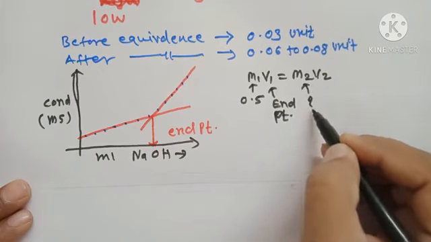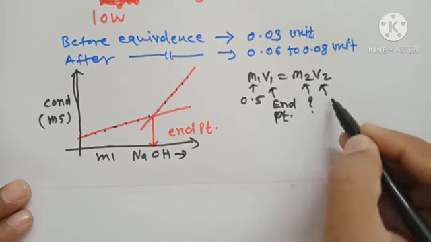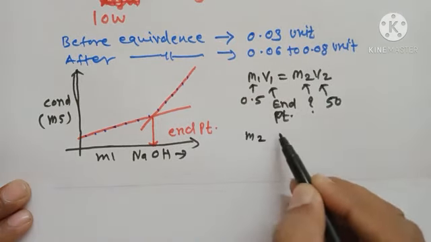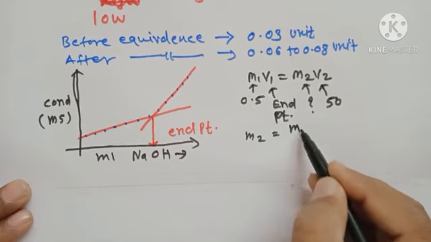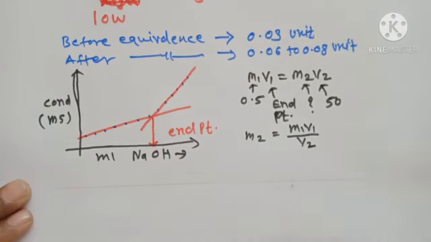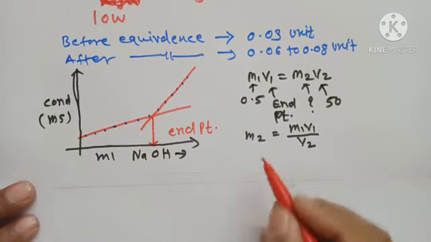M2 is to be calculated and V2 is 50 ml. So M2 is equal to M1V1 upon V2. You will get the molarity, and from the molarity you can calculate the strength.